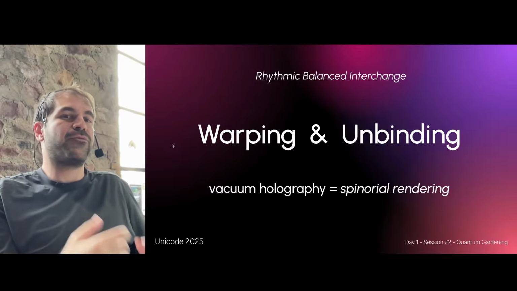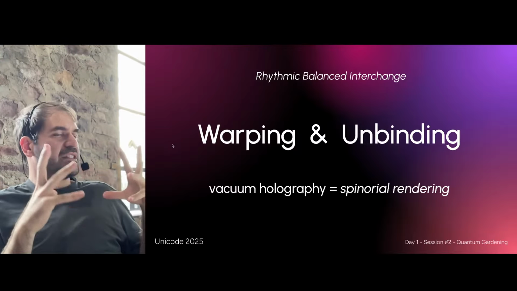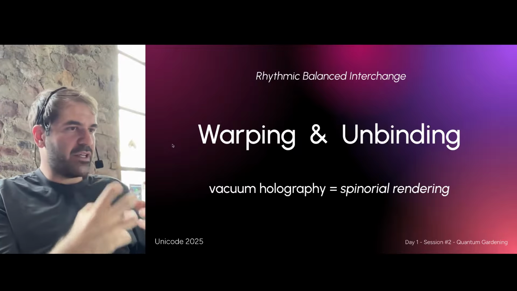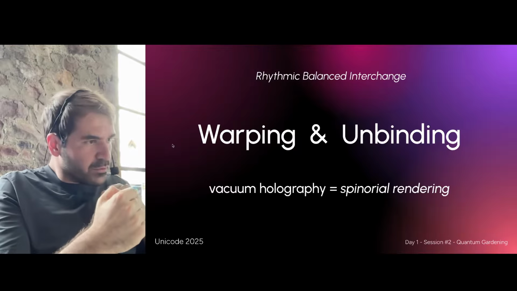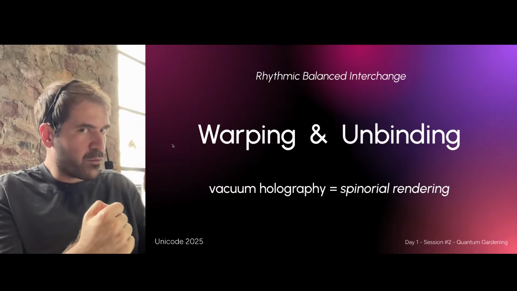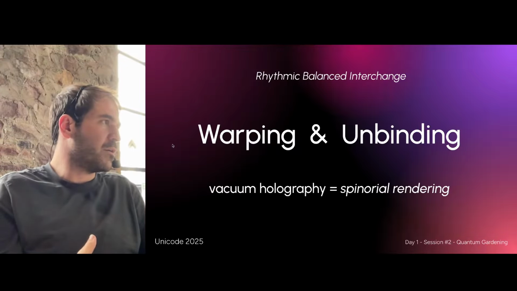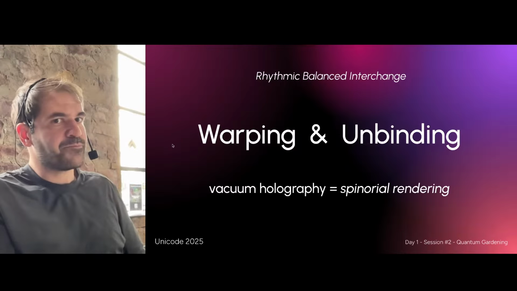That is the fundamental nature of vacuum holography itself. So that spinorial rendering is a gravitational observation portal that is quantum gardening. It's warping through that quantum gardening, and then it's unbinding what it's gardened for its next creation, for whatever that next thing is.